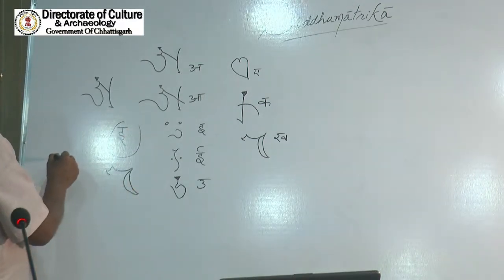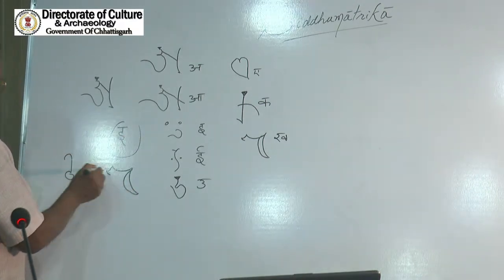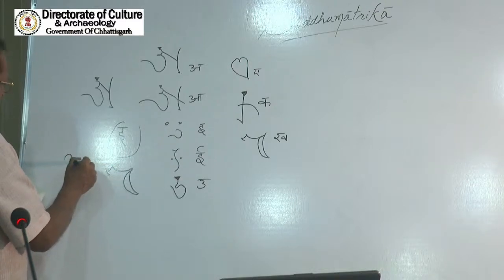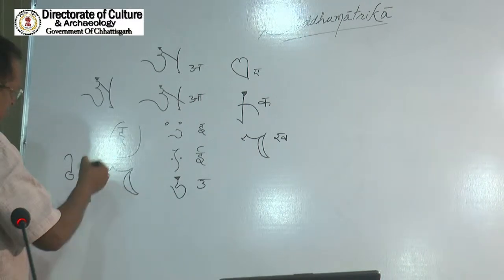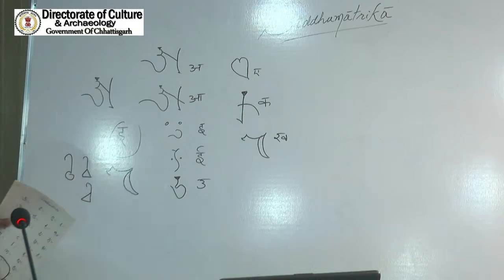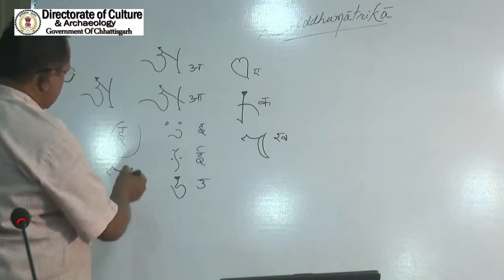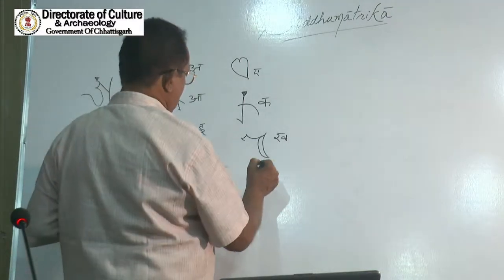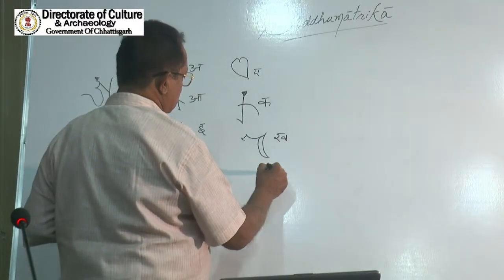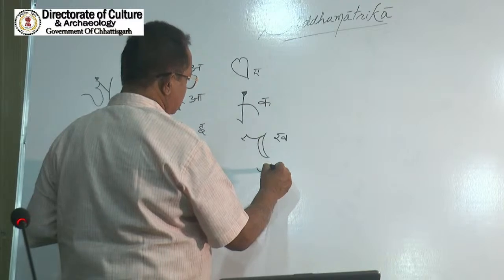So, in the Mauryan form, it was simple, so they retained all the forms. And this changes over the passage of time. But this hook changes like this. And ga also is not flat.